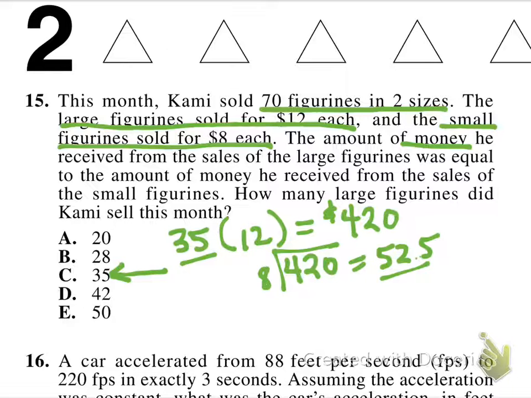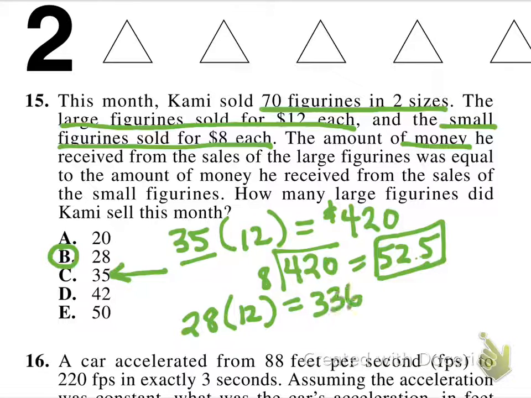So since that number gave me too many small ones, why don't we go down and try a smaller number? So let's say we sold 28 large figurines. So I go to 28 times 12, and I sold $336 in large figurines.